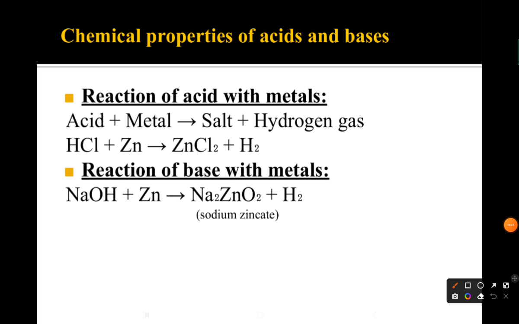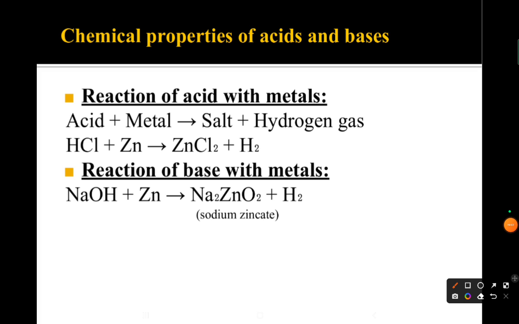HCl means hydrochloric acid. Zn full form is zinc. ZnCl2 is zinc chloride. H2 is hydrogen.